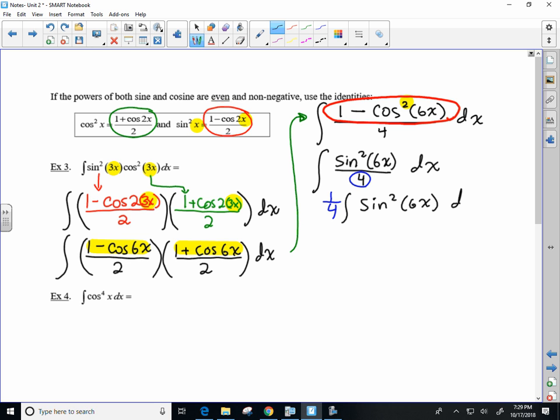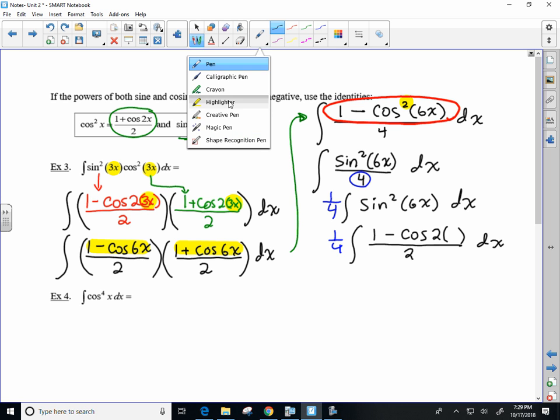The other way is fine too, and in fact, if you look at videos of past semesters, you'll see that sometimes I do it just working with the 1 minus cosine squared. But this, I think, is simpler, because now I can go directly to this relationship, replace the sine squared, the 1 minus cosine of 2 times, over 2 dx.